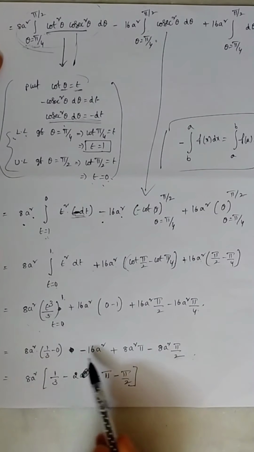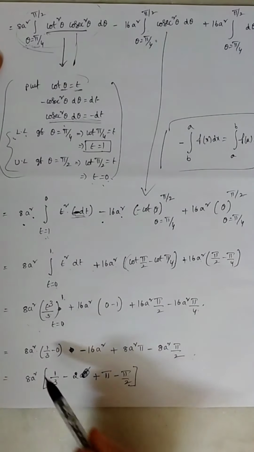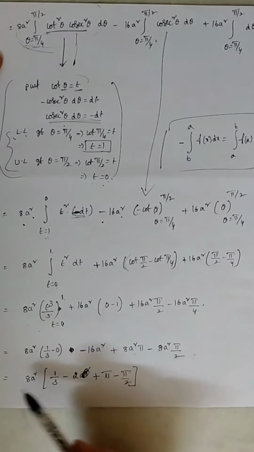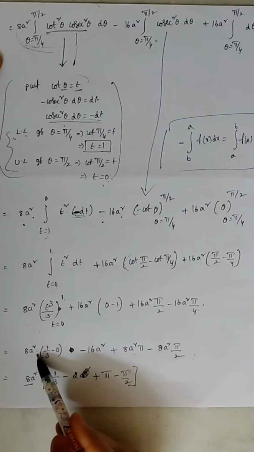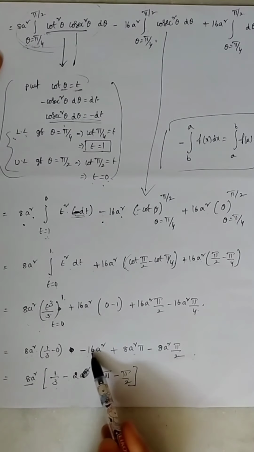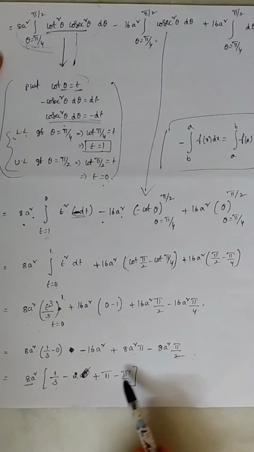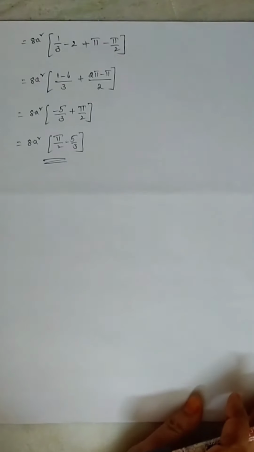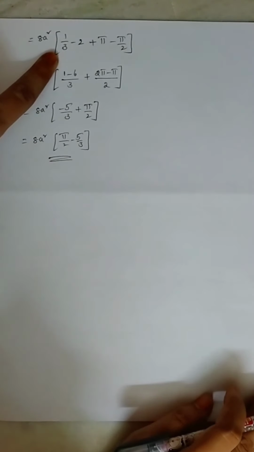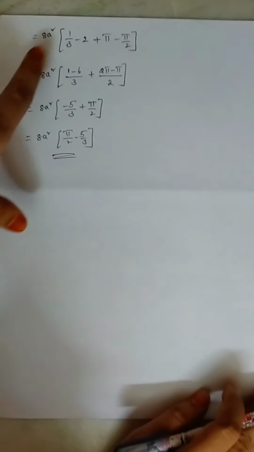In each and every term we can take 8, so we can take 8a square common. If you take 8a square common, 8a square 1 by 3 minus 2 plus pi minus pi by 2. Next, 8a square into 1 by 3 minus 2 plus pi minus pi by 2.